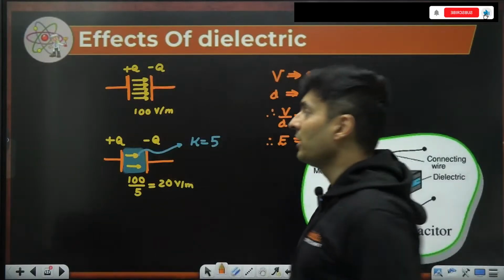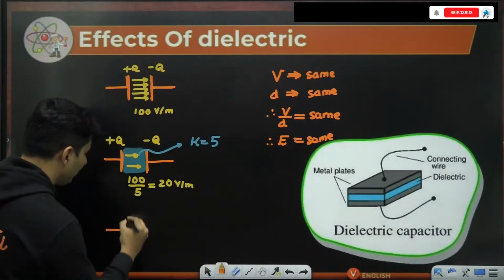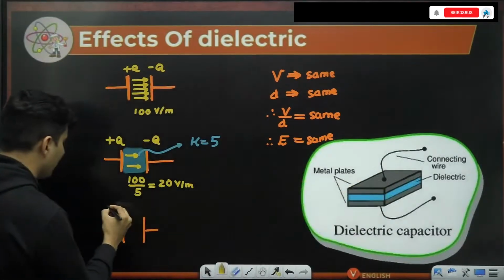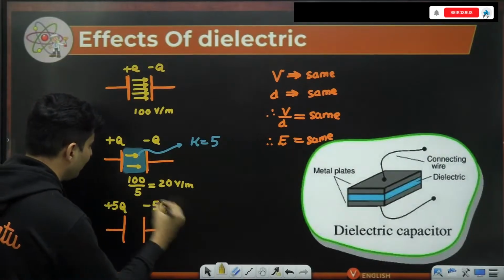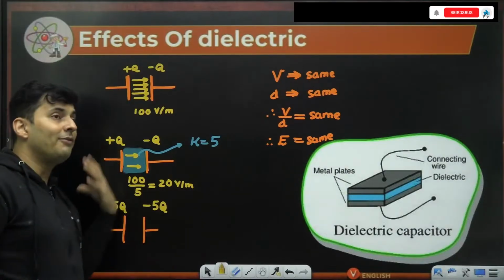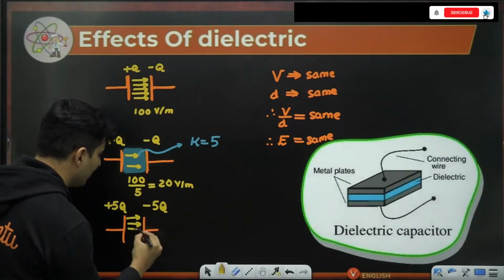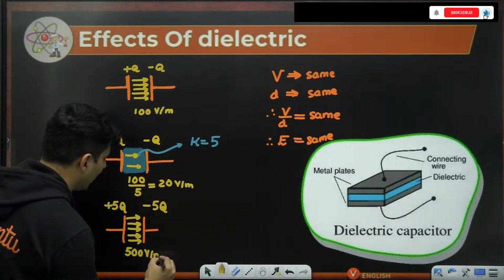Similar thing will happen here. Imagine in this scenario, if I make this charge over here 5 times more and this charge over here 5 times more, the field will also be, instead of 100, it will be 500 without the dielectric.